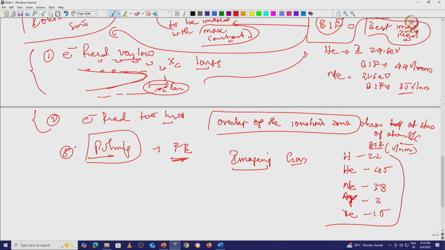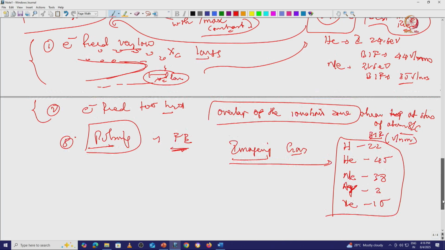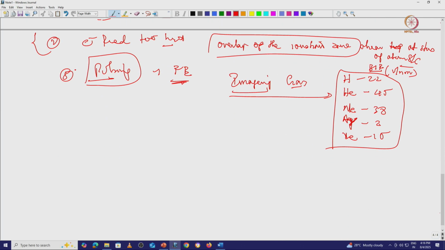Depending upon the imaging gas, for which material we use which type of gas for FIM microscopy? Usually the rule we follow is that the choice of gas depends on the material which is going to be imaged.